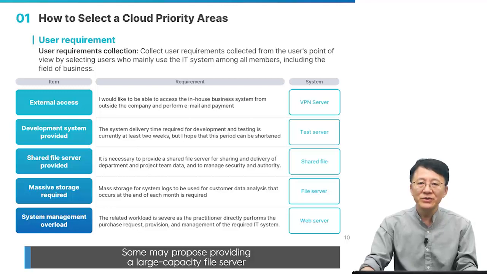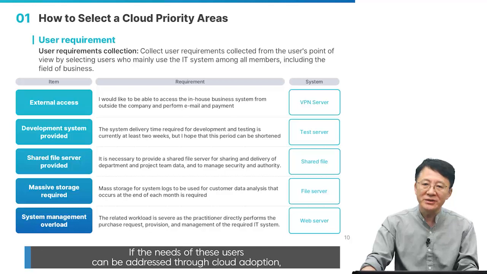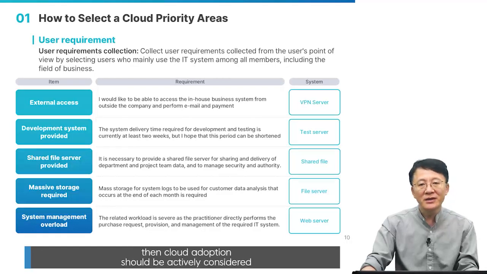Some may propose providing a large capacity file server as a service that guarantees security and privacy in order to promote project progress within departments. If the needs of these users can be addressed through cloud adoption, then cloud adoption should be actively considered.